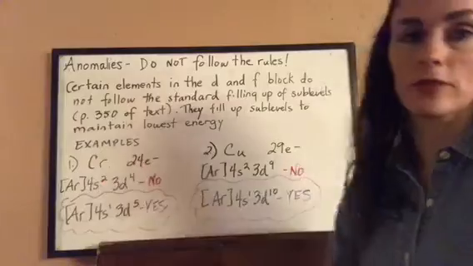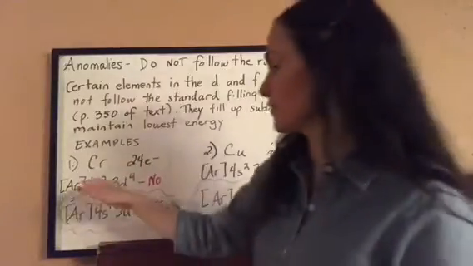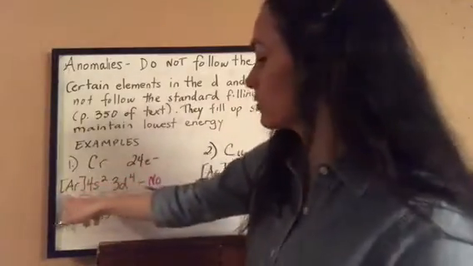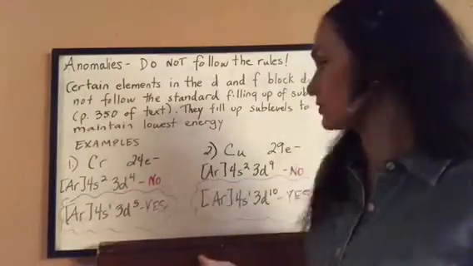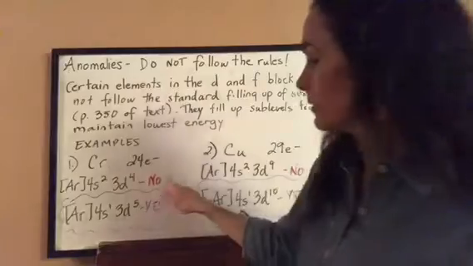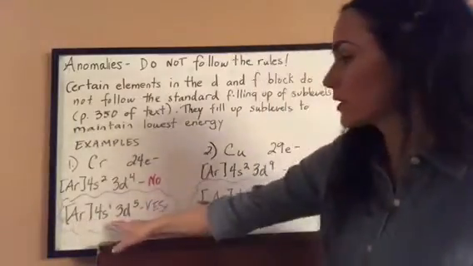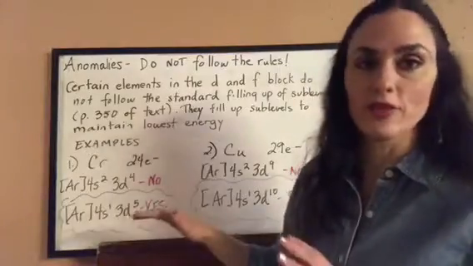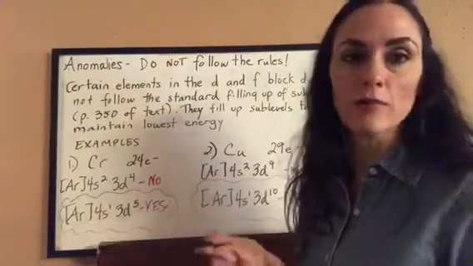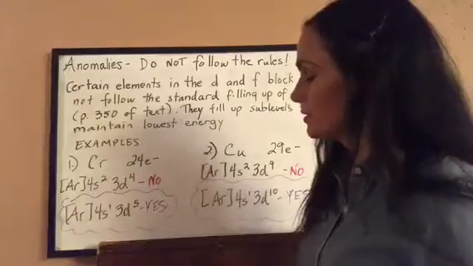Chromium has 24 electrons. You would expect that the configuration would be argon core 4s2 3d4 to account for the 24 electrons. But no, that doesn't happen. What happens is that the 4s sublevel half fills and the 3d sublevel half fills, so that you have a stable configuration.